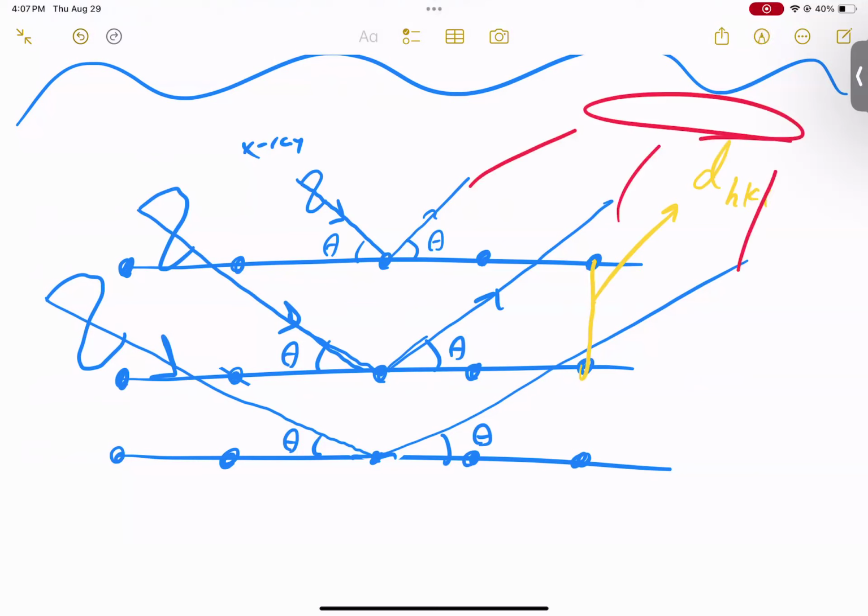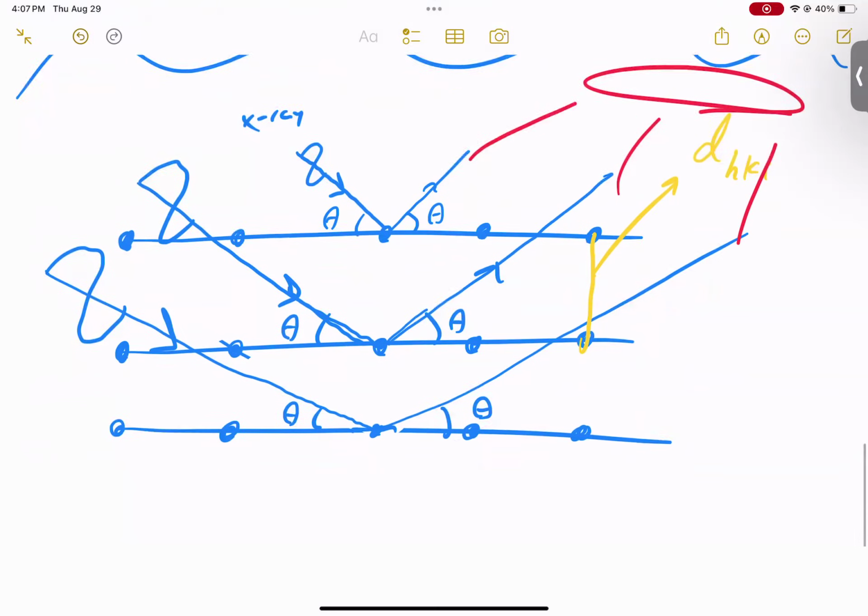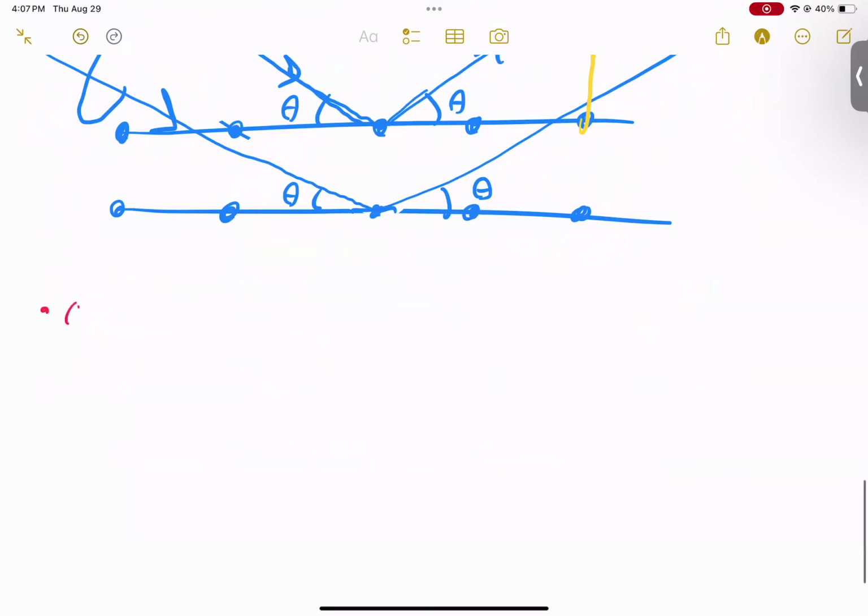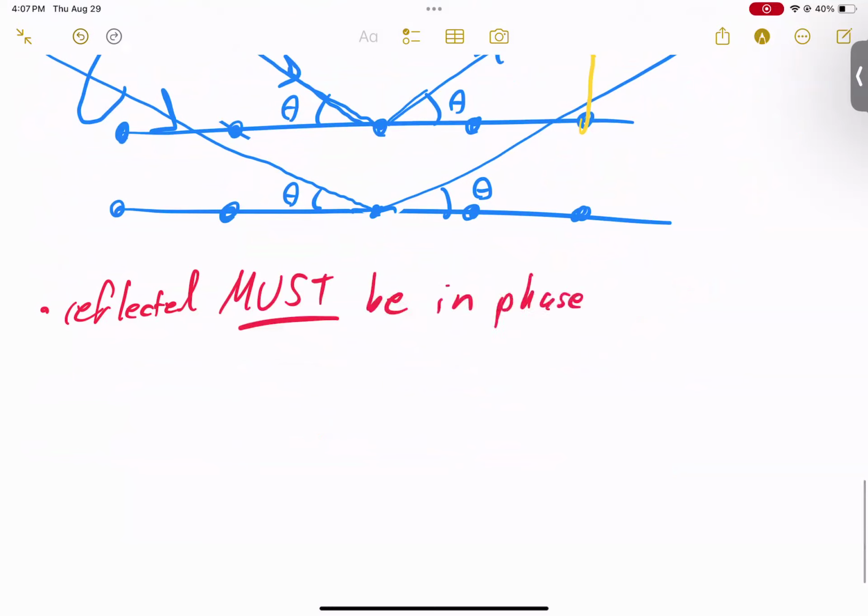However, the only way that the sensor can actually detect the light is if all of the light is in phase with each other. So reflected light must be in phase with each other.